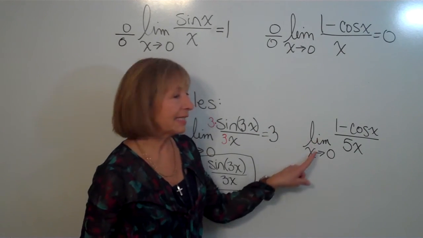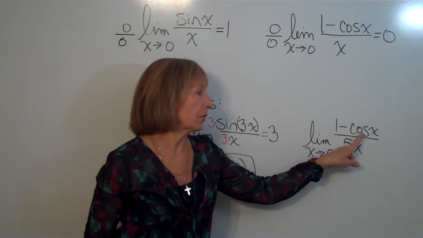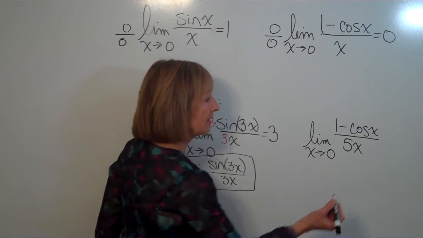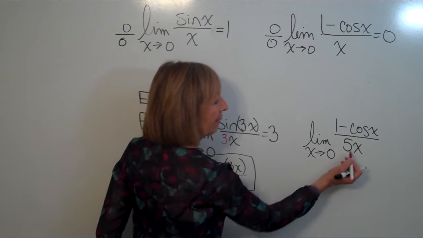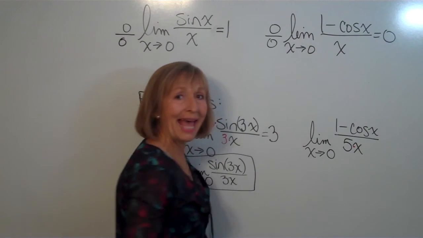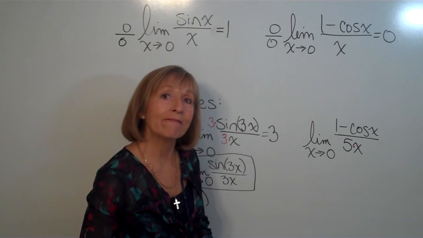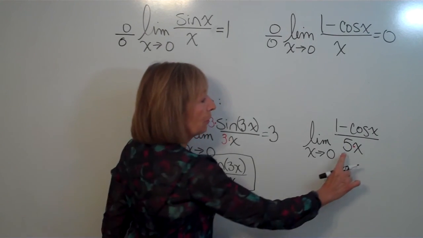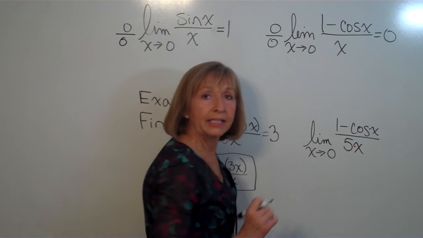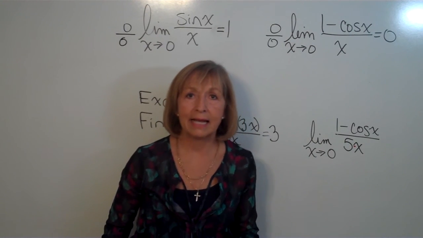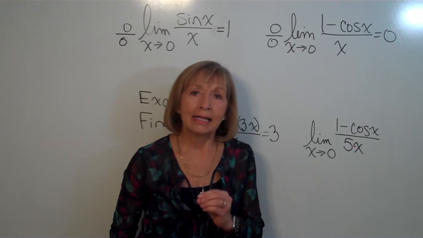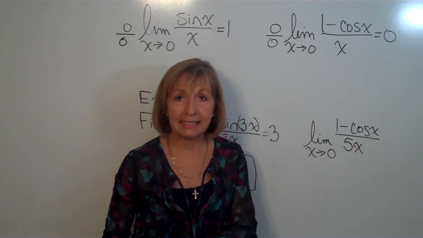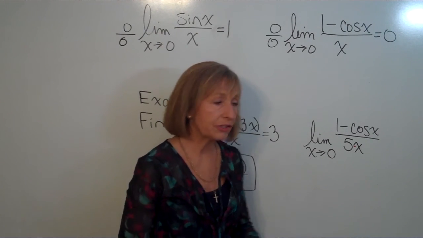Next up is our limit as x approaches 0 of 1 minus cosine x over 5 times x. This is a little different because the coefficient of 5 is actually just multiplied to the x in the denominator. It's not a factor in the angle that a trig function is acting on. So for this factor of 5 in the denominator, I can use my property that the limit as x approaches c of a constant factor times a function is equal to the constant times the limit of the function.